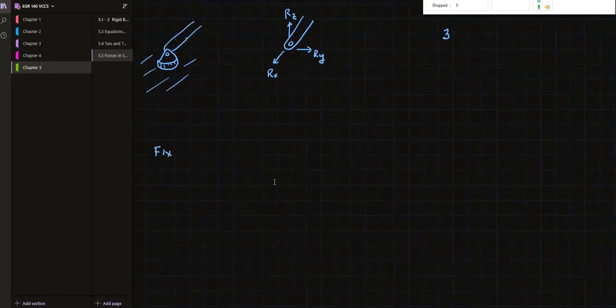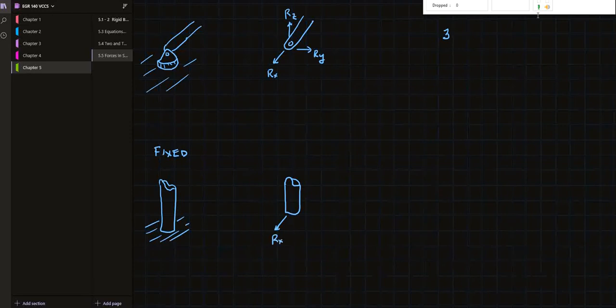And for our fixed case, now we have like a pole stuck in the ground here. And that's going to produce some, we'll say Rx, Ry. I could really probably be better off drawing these the other direction. Doesn't really matter, actually.